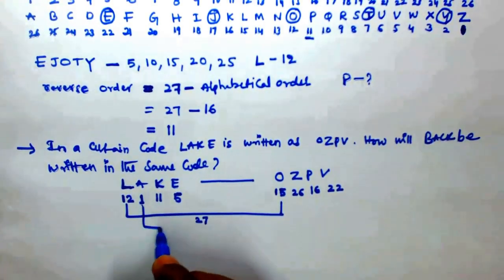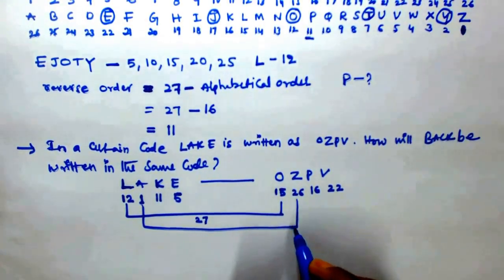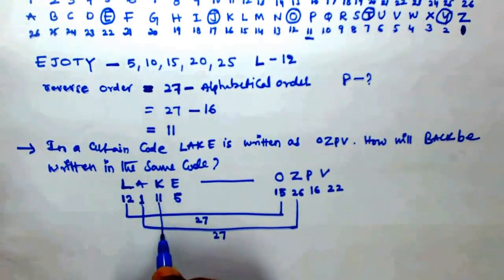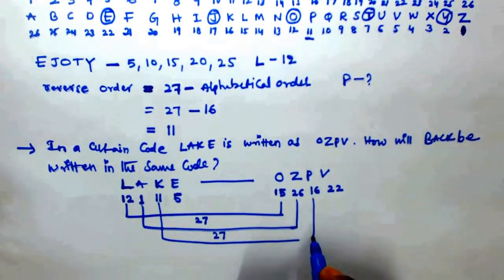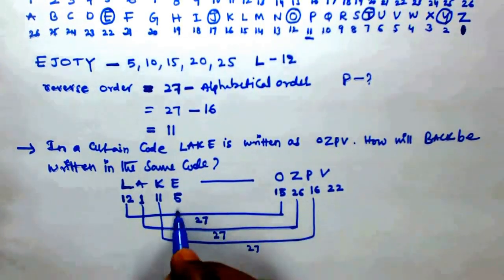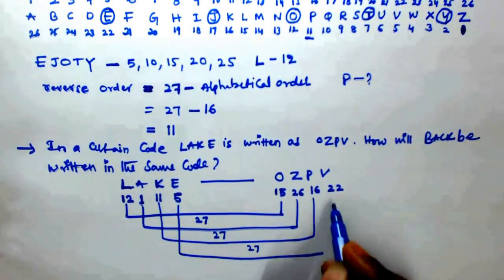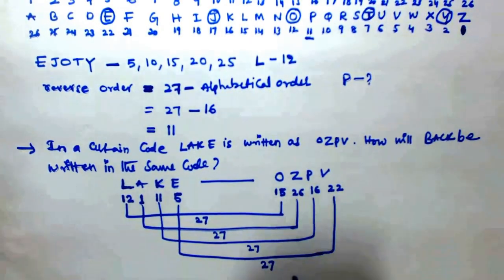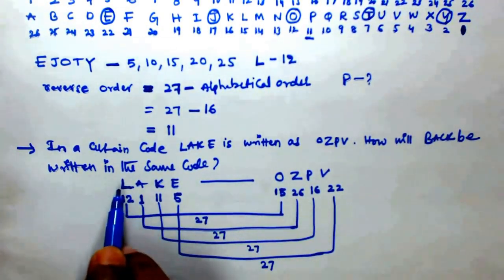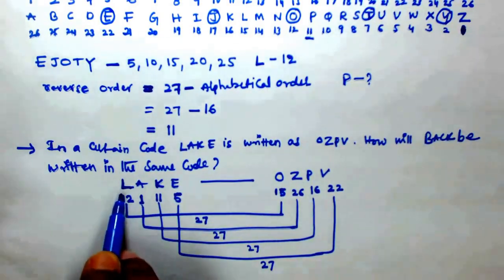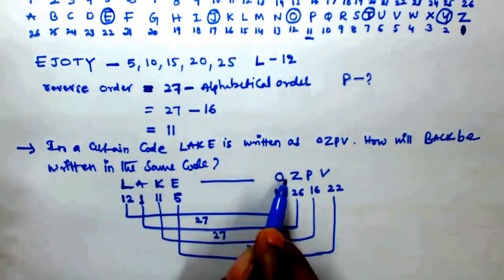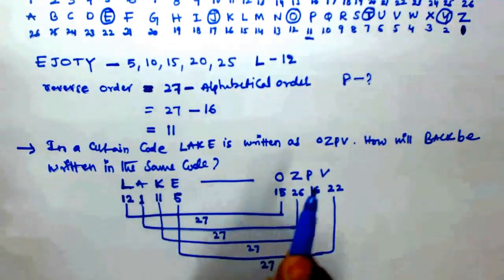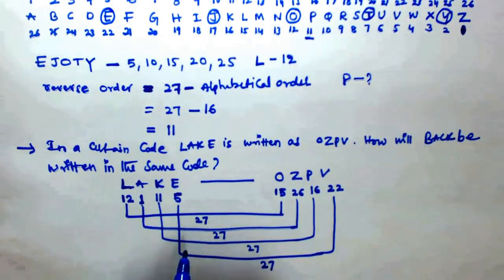In the same manner, 1 plus 26 is also 27, and 11 plus 16 is also 27, and 5 plus 22 is also 27. So that means the sum of the alphabetical position of a letter and its coded letter is going to be 27.